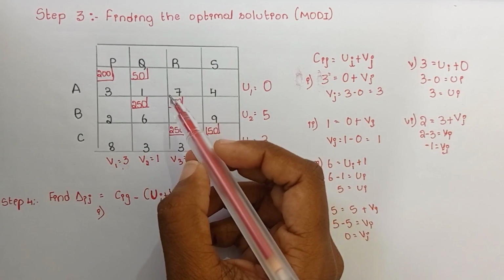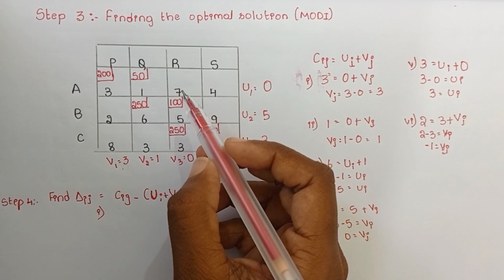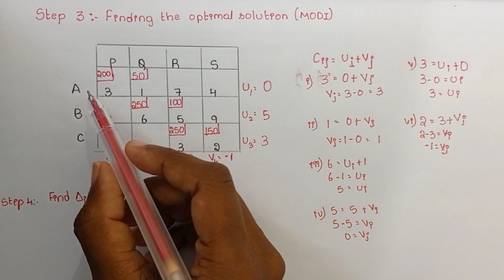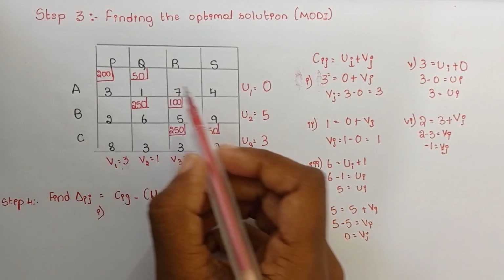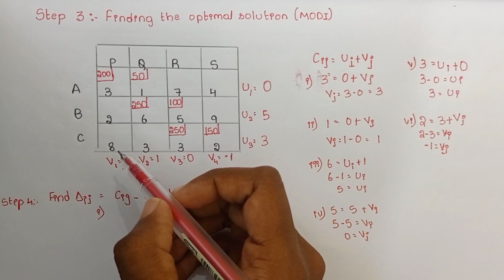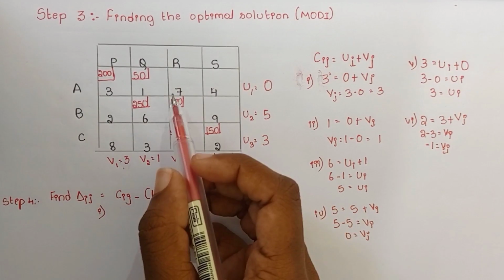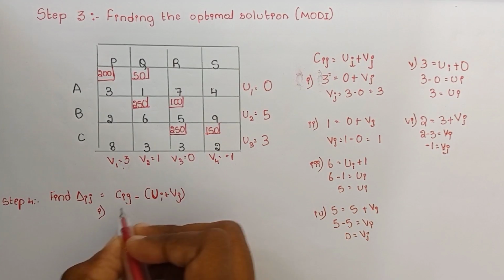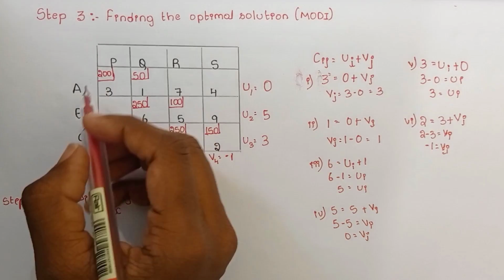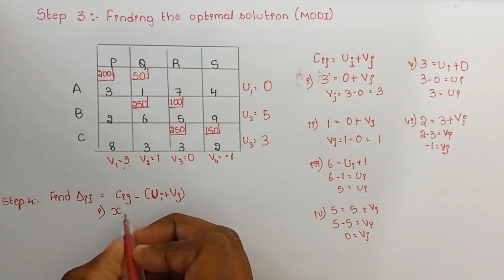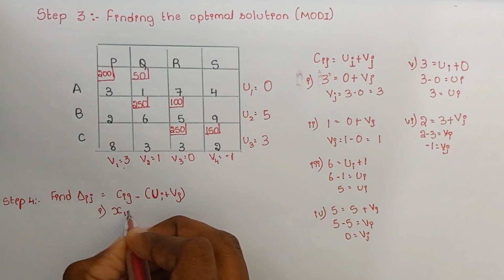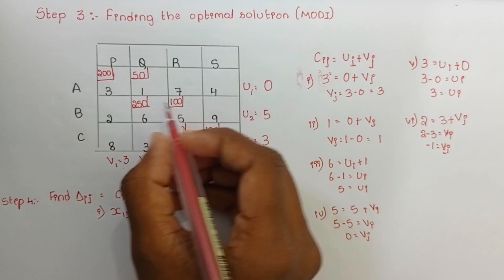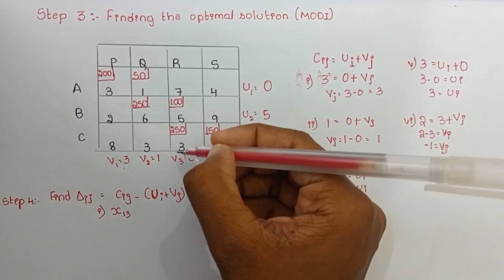The first unoccupied cell is 7. As I said, U is row and V is column, so Ui is row and Vj is column. Let me represent this 7 as X. The row is 1 and the column is 3. So the 7 lies in the first row and the third column.